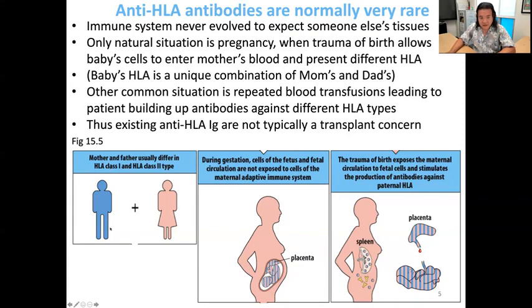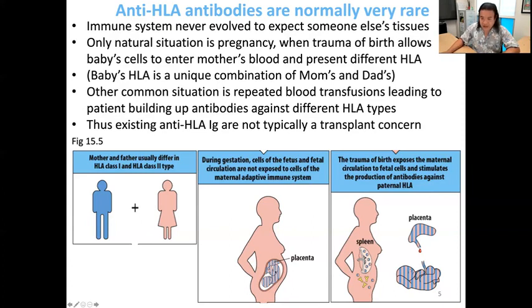If you look down at the cartoon here, mom and dad have different HLA types based upon their ancestry, their family lines. So when they conceive a child, that child's HLA type is going to be a mix of blue and pink, because one copy of the HLA genes comes from dad, and one copy comes from mom.